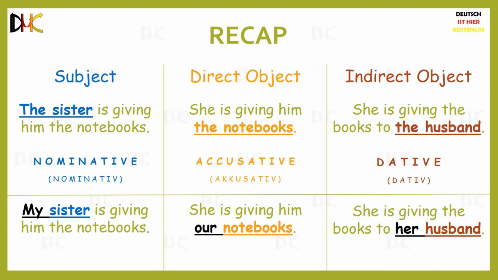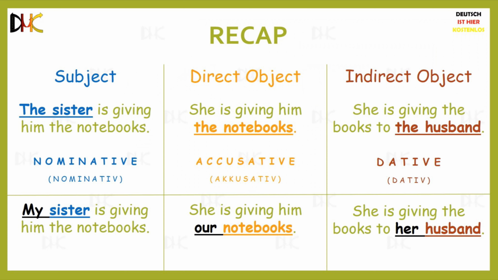For example, the nominative personal pronoun is ich, the accusative case is mich, and the dative case is mir. We also saw how the nouns and their articles change. For example, der becomes den in the accusative case and dem in the dative case, and so on and so forth. What we did not consider, however, was when a noun belongs to someone or something.